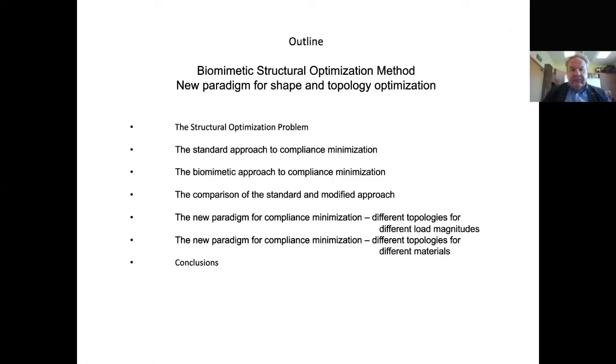So first, I would like to start with the structure optimization problem concerning shape and topology optimization. Then I would like to show you the standard approach to compliance minimization. I suppose you're acquainted with this for sure.